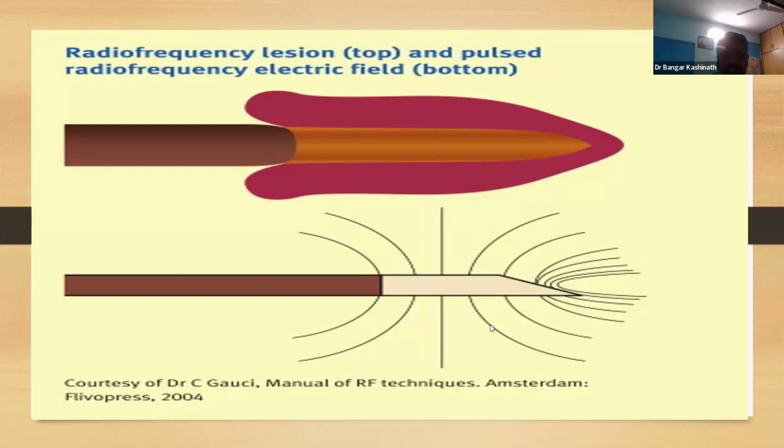This is about the pulse radio frequency ablation, where the thermal changes, electrical changes occur beyond the tip, and that's why in pulse radio frequency the tip should be perpendicular, in conventional the tip should be parallel, and in cool radio frequency directional independent. Am I clear on this concept? Yes, sir. No confusion at all?